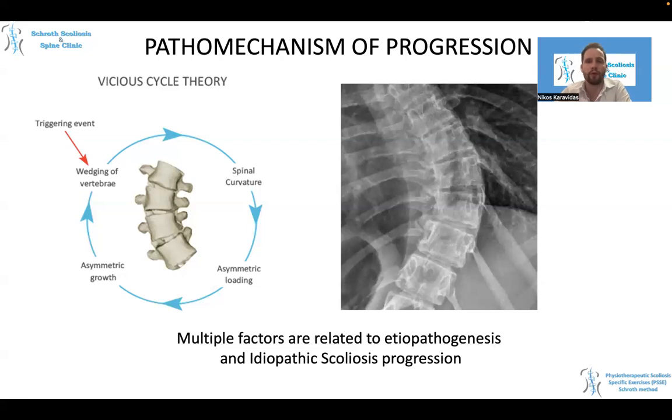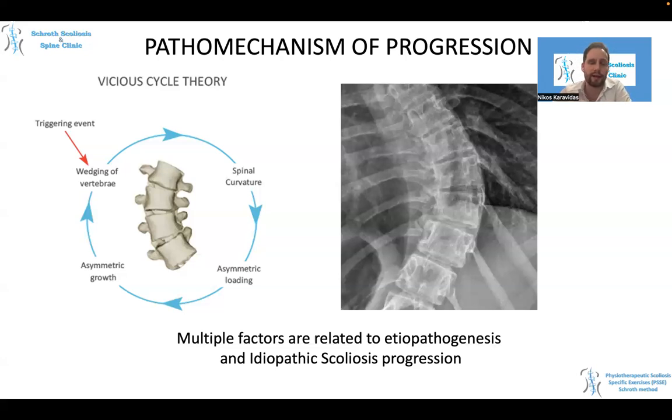So to make it even clearer for you, we need to have the patient avoiding the scoliotic position during the day. Because if the patient goes to the scoliotic position, this means that the asymmetrical loading is there, causing asymmetric growth, vertebra wedging, and scoliosis progression.